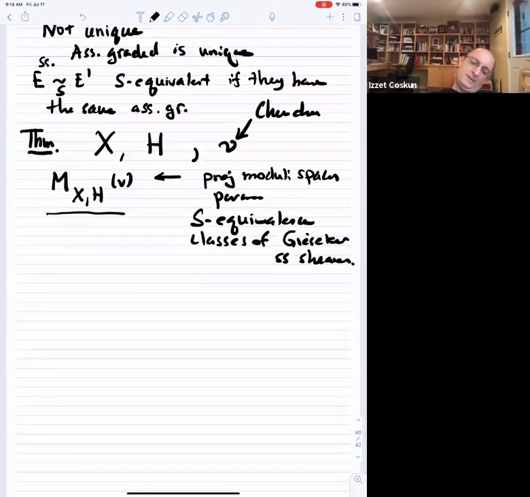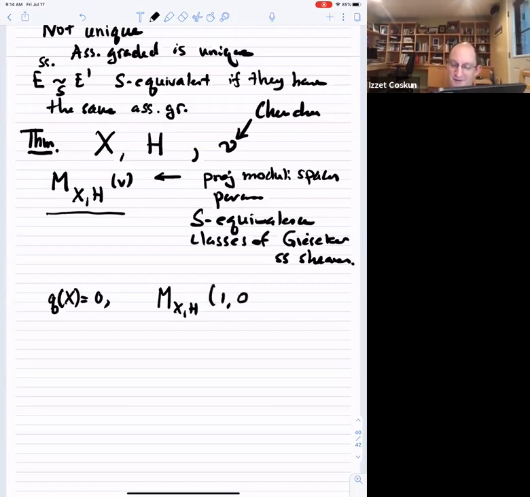And then again, we've already seen one example of this. So if I look at P2, the surface where the irregularity is 0, then when the rank is 1, this M_X(H, 1, 0, n) is nothing other than the Hilbert scheme of points. Again, it depends on what I'm using.